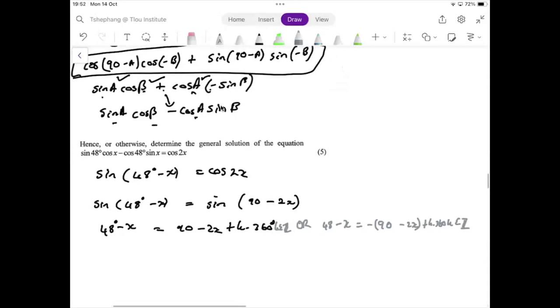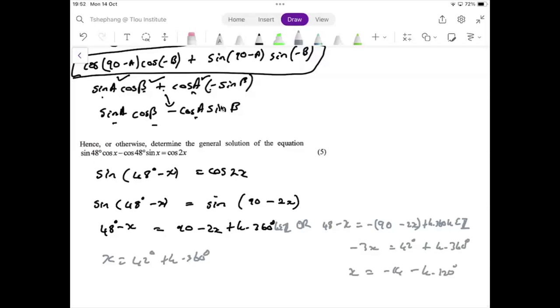Okay. Now, once we have something like that, it's easy for us to solve. Here we're going to have x is equal to 42 degrees plus k 360. On the other side, we are going to have minus 3x is equal to 42 degrees plus k 360, and then x is equal to minus 14 minus k 120.